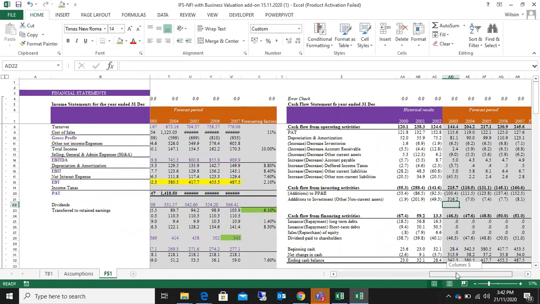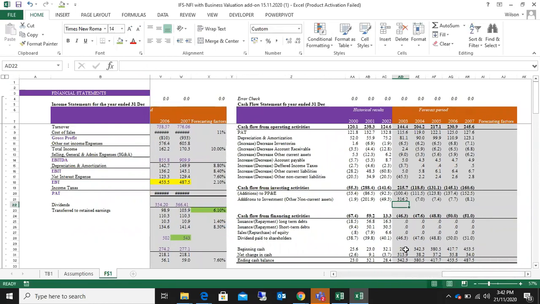There's an inflow there, meaning that we had additions. How would I put it now? Because additions here is income as an inflow. So we had an outflow of other non-current assets, an outflow of investment. So what it then means is that we sold an investment, other non-current assets, worth 316.2 million.